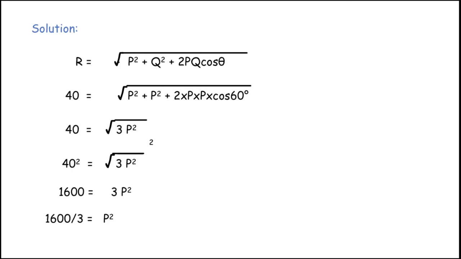Now the 1600 divided by 3 is 533.33 equal to P square. Now we take the square, transfer it to that side, and it is changed into the root value. So root of 533.33. I forgot to put the root in the video. Please forgive me.